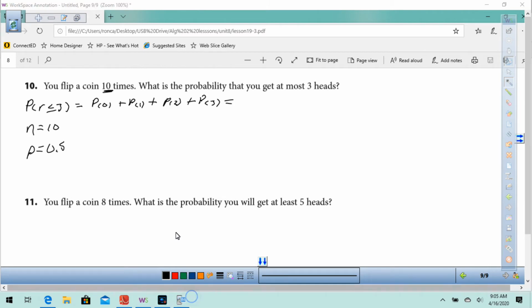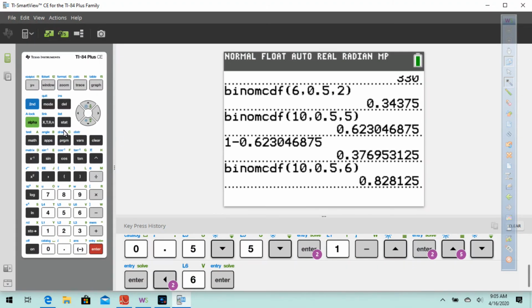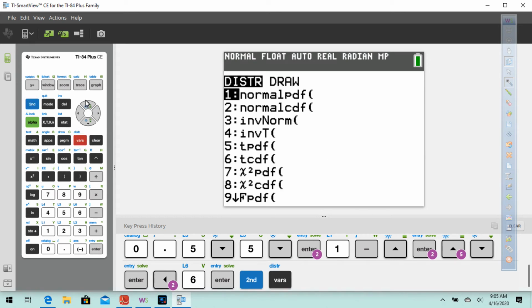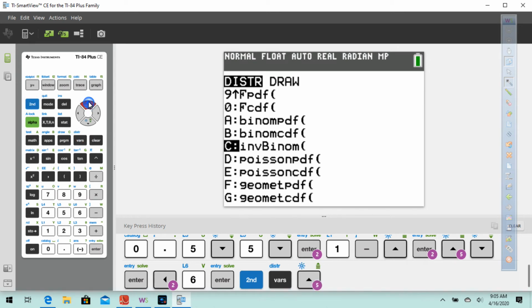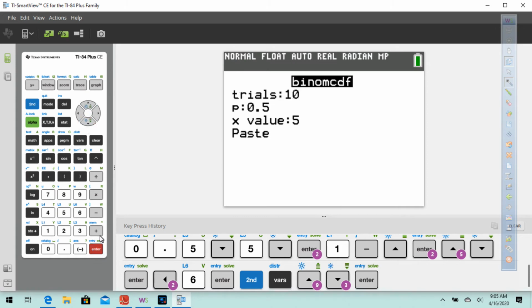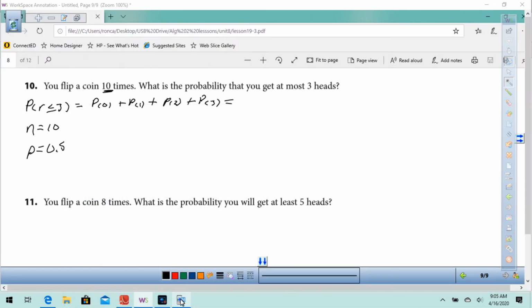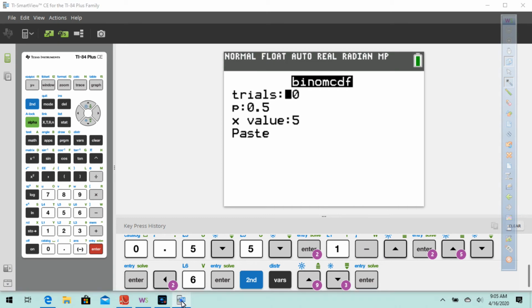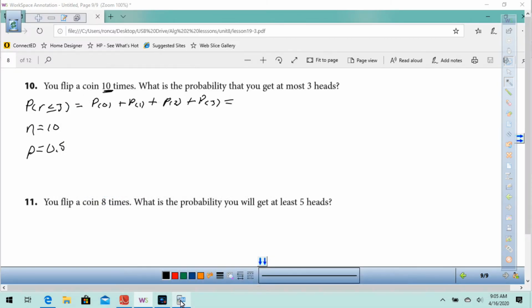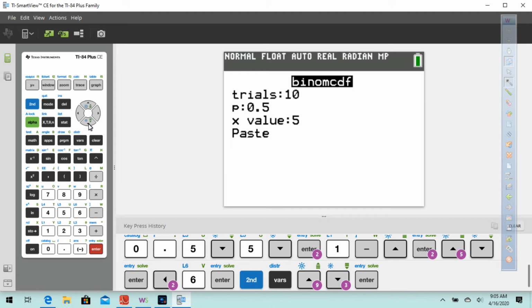All right. So let's do this. Second distribution, and then number of trials, 10, 0.5, and we're wanting at most 3 heads, so we're going to change that to 3.